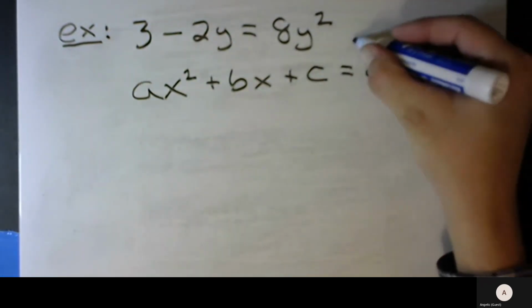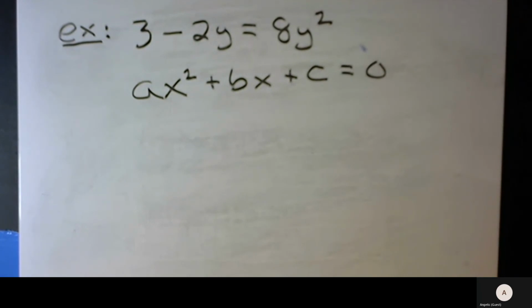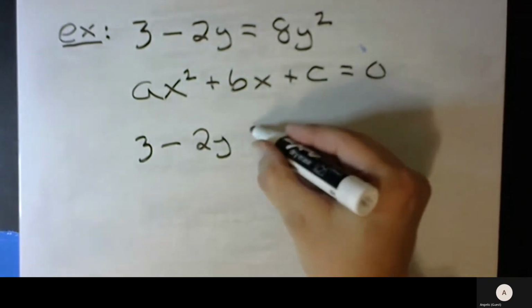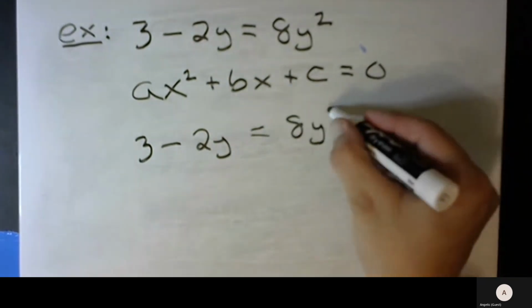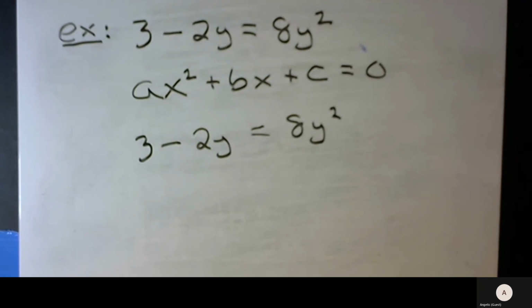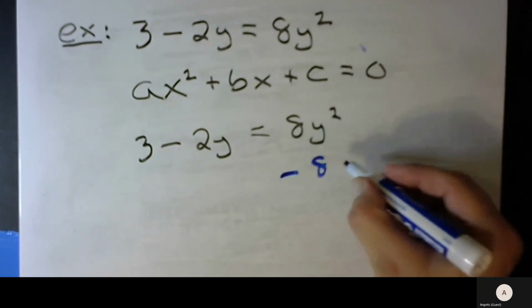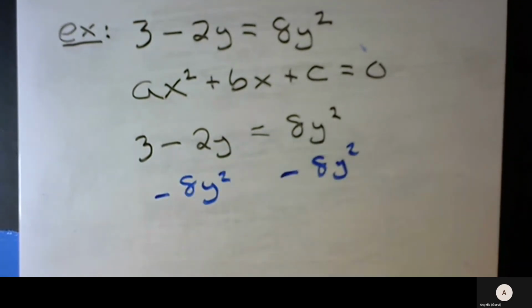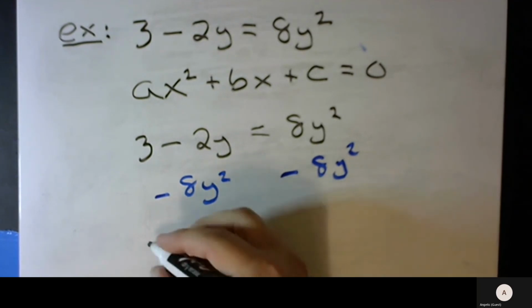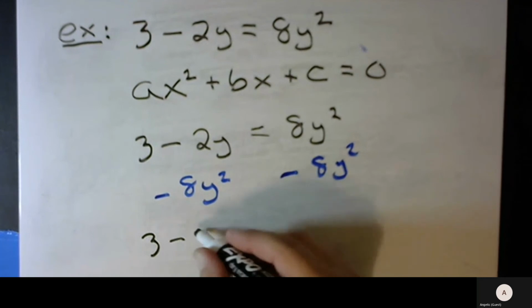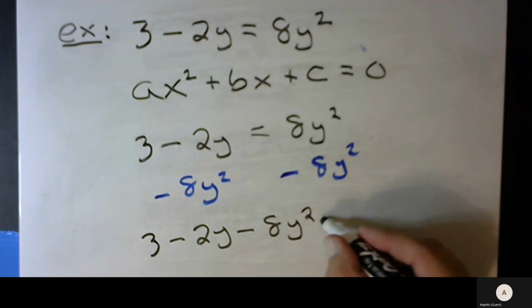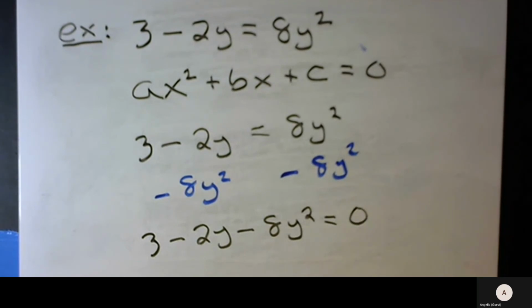And the way we do that, we can subtract 8y squared from both sides. And so when we do that, what we're going to get is 3 minus 2y minus 8y squared is equal to 0.